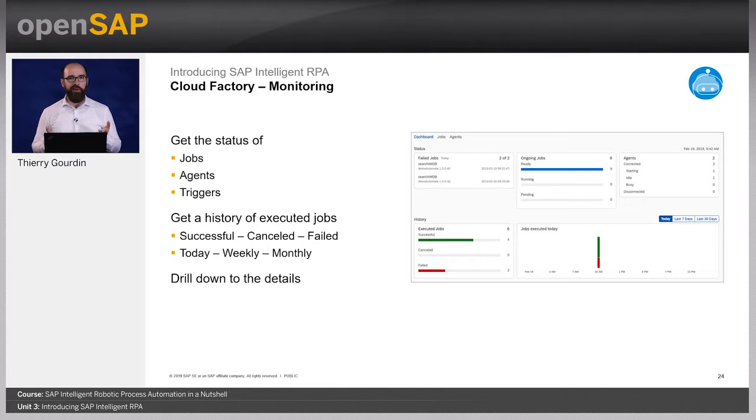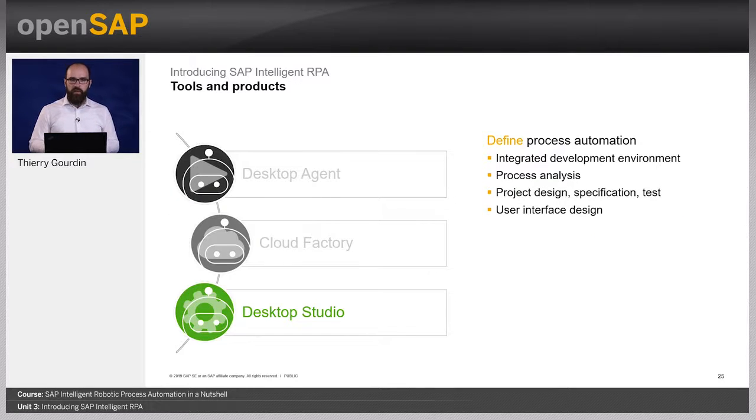For example, you can have a look at connected agents and display the activity on the platform. Or you can get the status breakdown of recent jobs between successful, failed, or cancelled. Or you can display the queue of incoming jobs, or anything. That's all for the factory. Let's move on to the Desktop Studio.